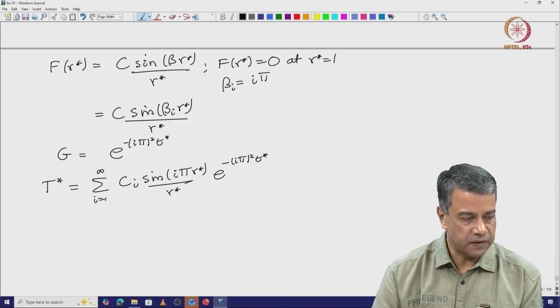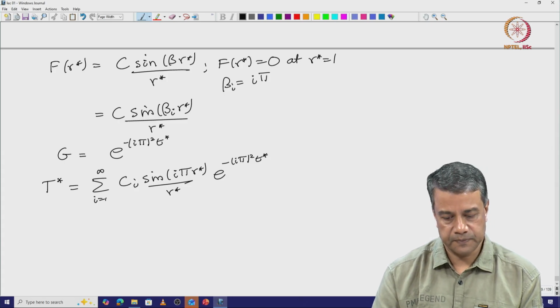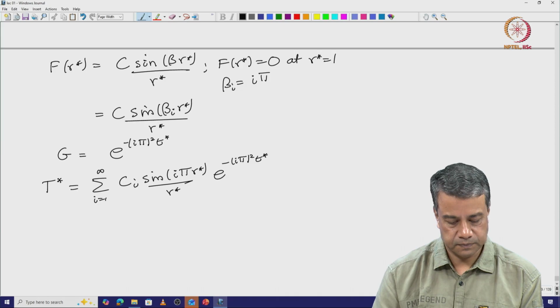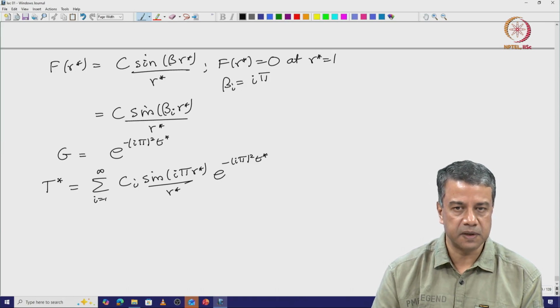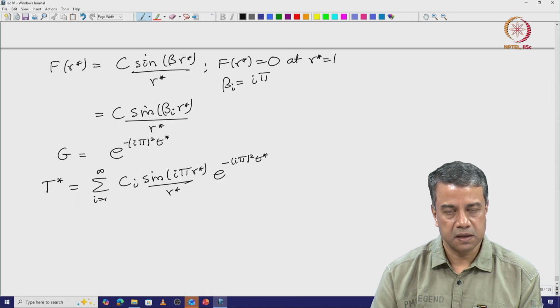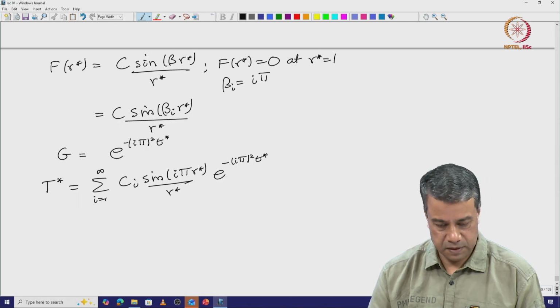How do we determine the values of the constant Ci? Using the orthogonality relations. We know that sin I pi r times sin j pi r is an orthogonal function, it is equal to delta ij.